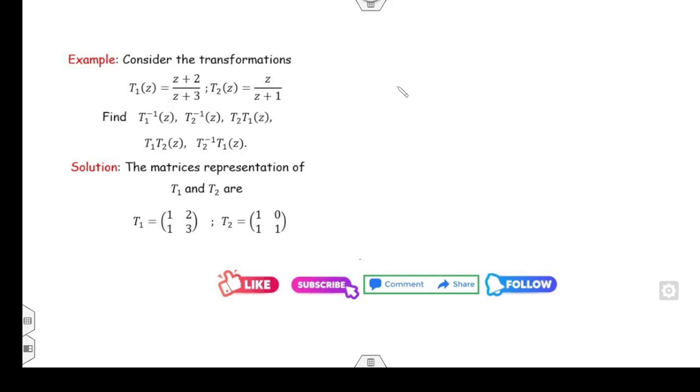Fine. Now once we know the representation, can you find the matrix representation of T1 inverse? I can reverse the diagonal entries with the negative sign, and the rest of the values remain the same. Can you find T2 inverse? Again, reverse the diagonal entries with the negative sign, and the rest of the values remain the same.